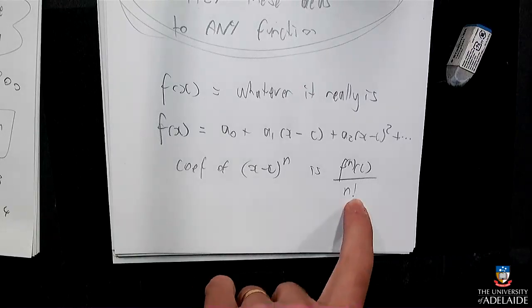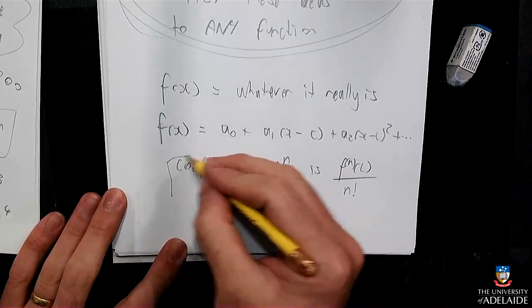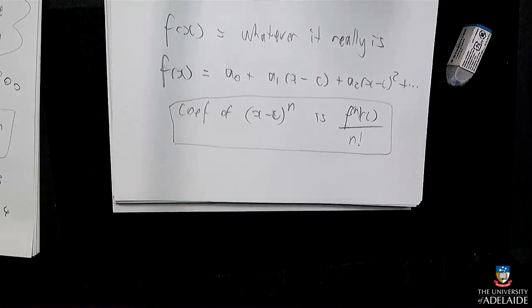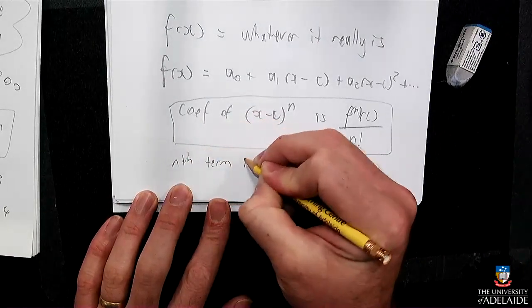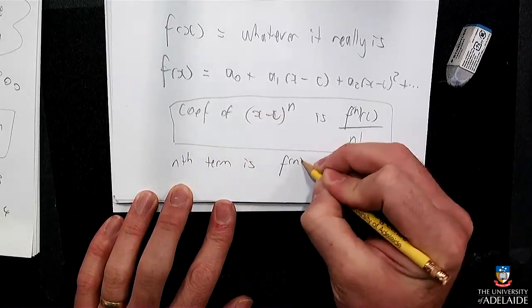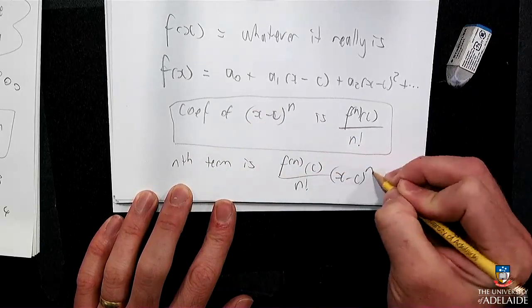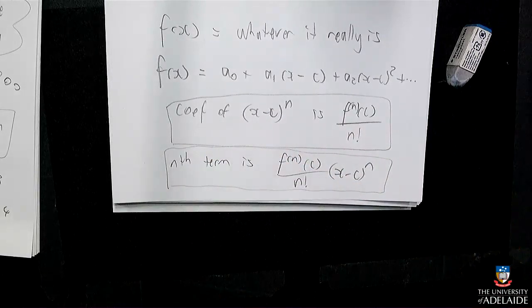That's why this n factorial is there. That's the coefficient of x minus c to the n. And we actually call the whole thing, including the x minus c to the n, the nth term. Like that. That is how we find a Taylor series or polynomial.